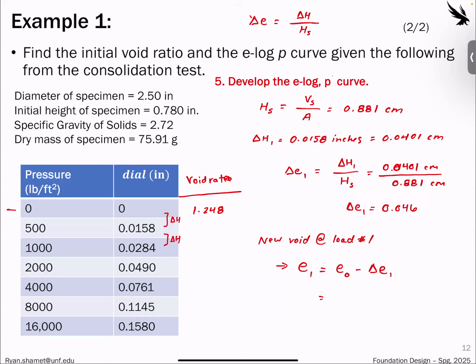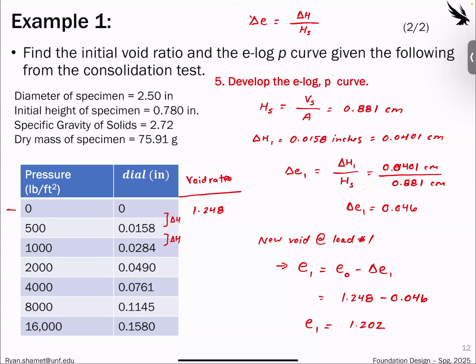So again, the initial was 1.248, and then we subtract 0.0486. So our e1 is equal to 1.202. And then we do that for each step. If you have an Excel spreadsheet, it populates it pretty quickly. That's the beauty of it.